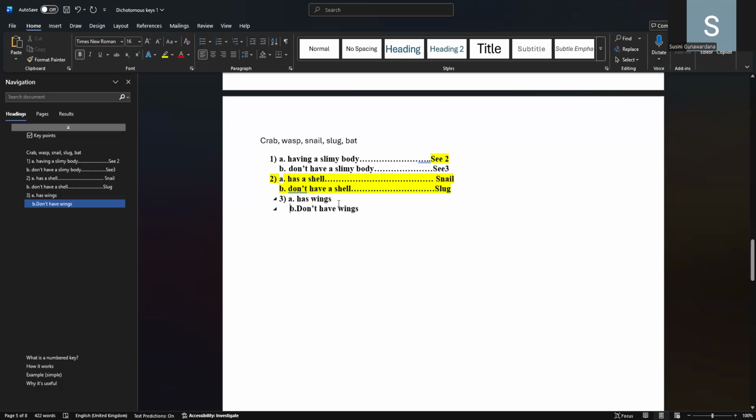Who has wings? Here, bat and also bats both are having wings. So can you write down their names? No. So in that case, you have to put C4.